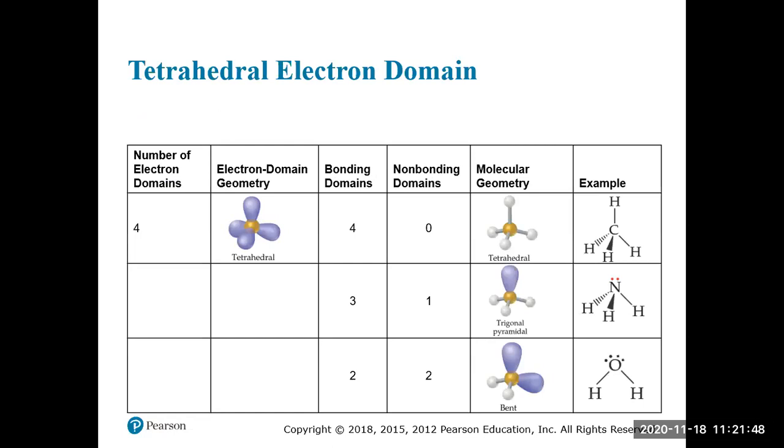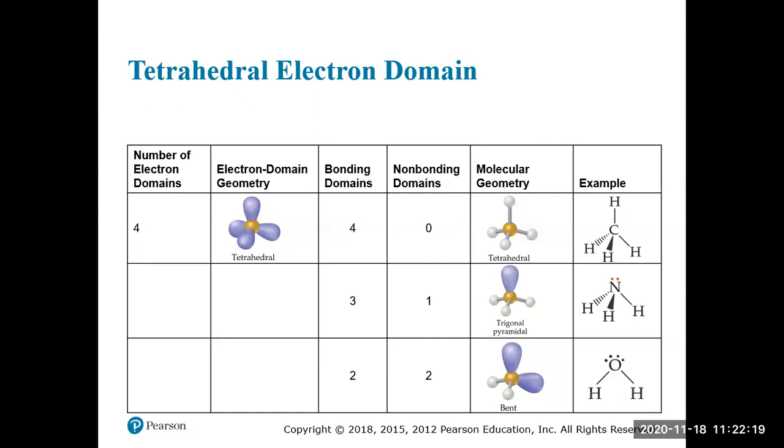So there's our electron domain geometry for the 4 electron domains. That's the tetrahedral. If we have bonds going off all those electron domains, we maintain that tetrahedral molecular geometry. Then when we start substituting bonding domains for non-bonding, the first case is we have 3 bonding and 1 non-bonding. Well, now we get to that trigonal pyramidal shape that we had talked about.